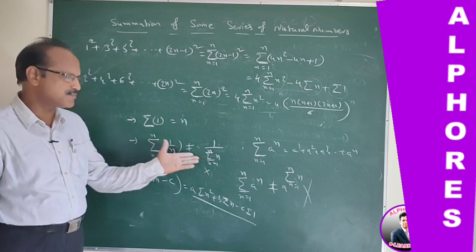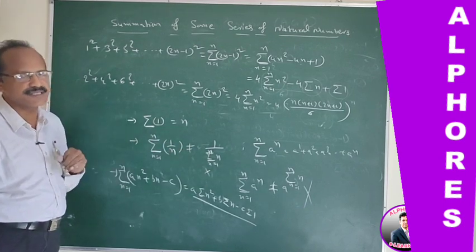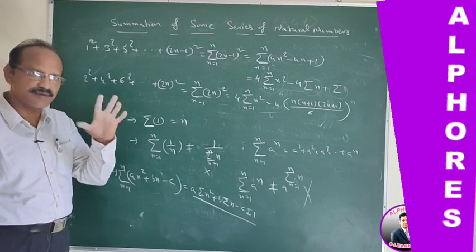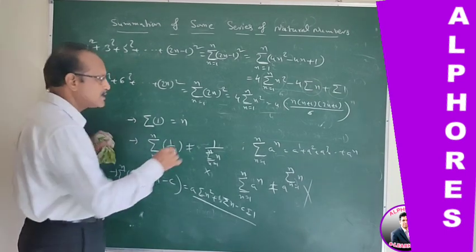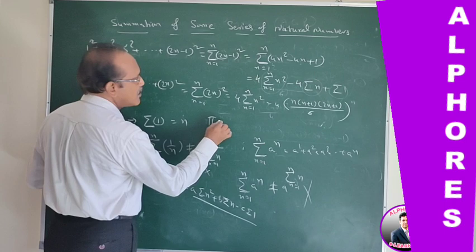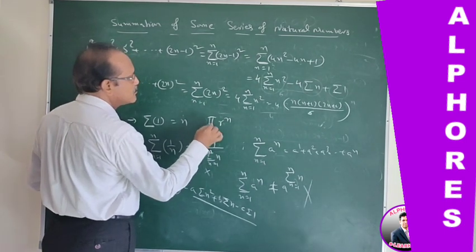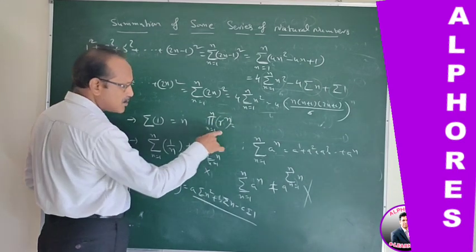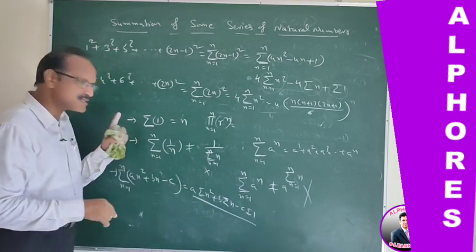So these are some basic properties of sigma notation. You know, sigma means sum of. We are using pi for product, as product of r power n, where n is equal to 1 to n. You know, this notation is nothing but product of pi for product, sigma for summation.